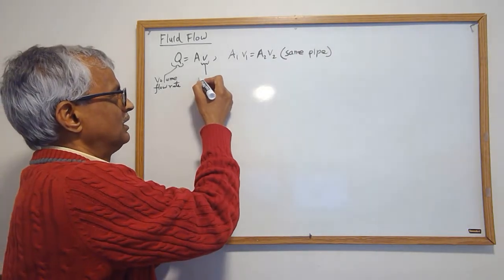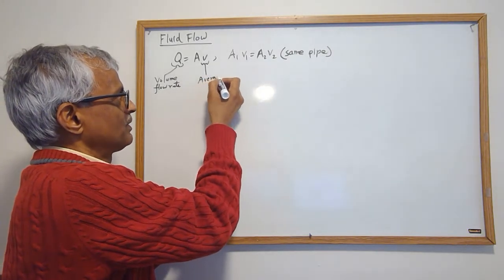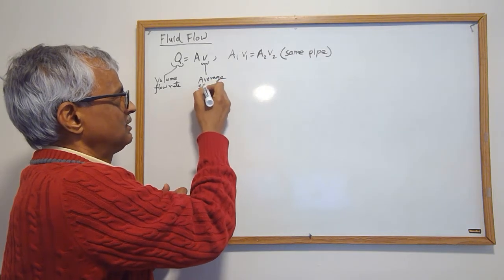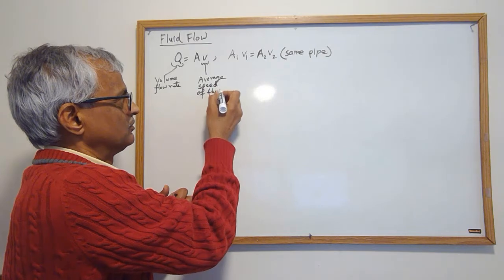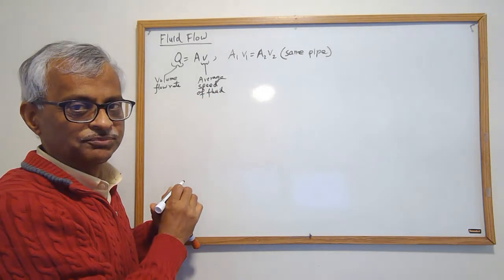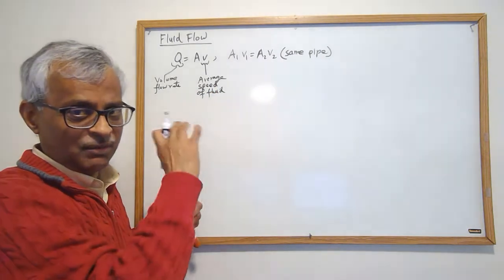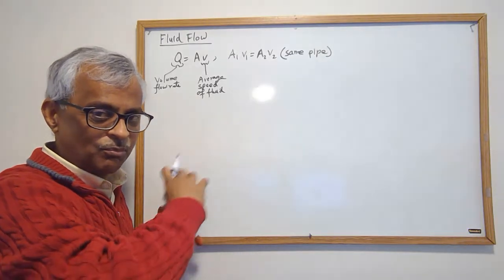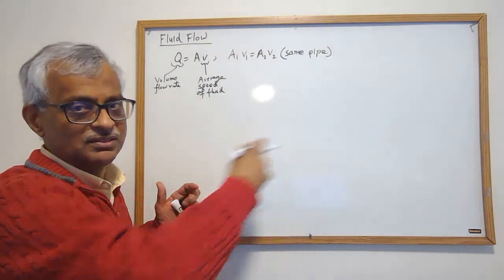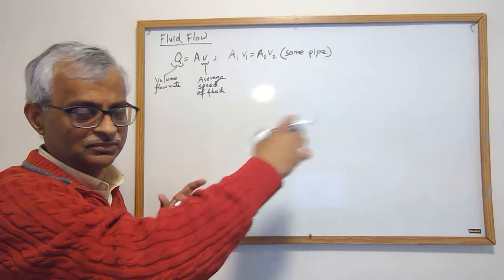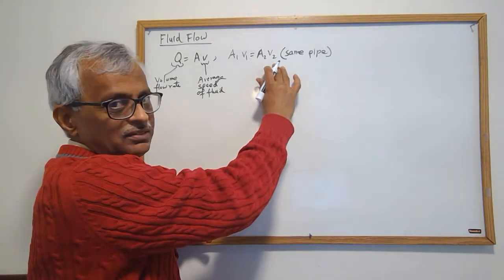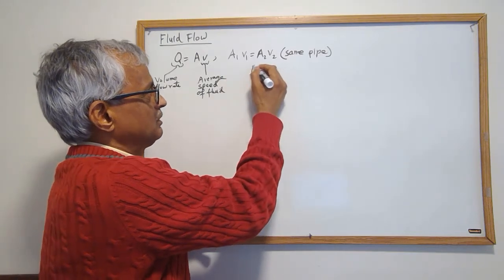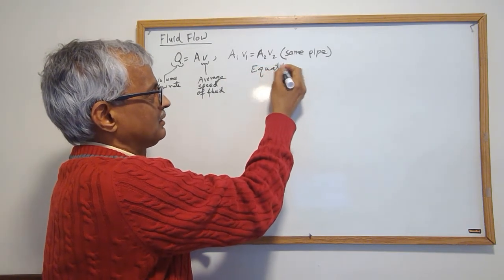So this is called average speed of fluid. And if I apply it to the same pipe, but at maybe two different places, where the pipe may be changing in how thick it is at different places, then I get what is called the equation of continuity.